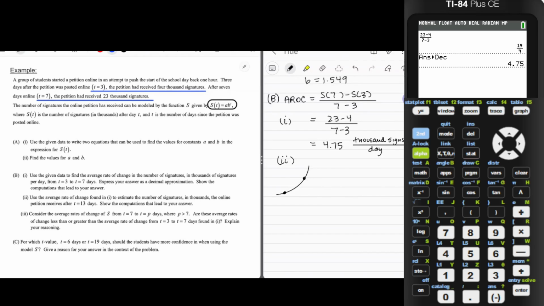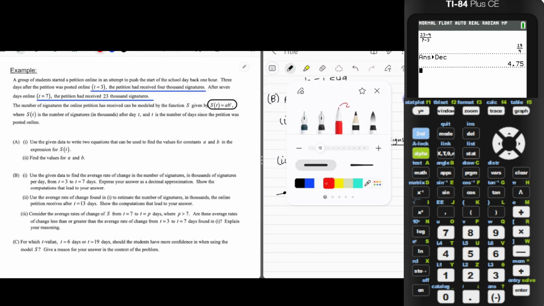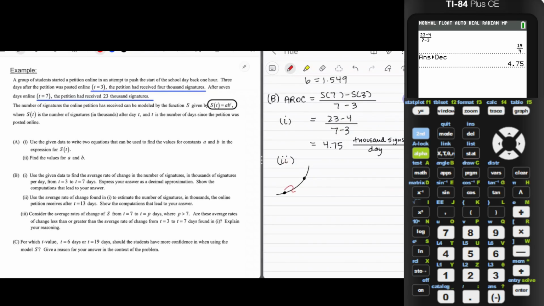That's nice, and we can plug in on that exponential curve to predict the number of petitions at time t equals 13. But we can also just use the average rate of change, because that's giving us the slope of the line that connects these 2 points, right? We could just keep going with that same line and extend the process to get ourselves a prediction.